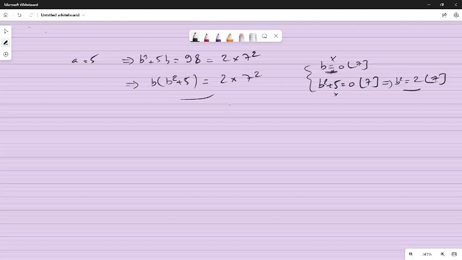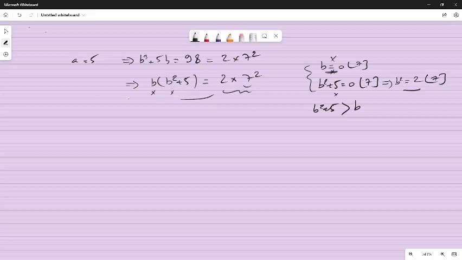So we must have only one term which is divisible by 7. Then it must be divisible by 7 squared because the right-hand side has a factor 7 squared. And because b squared plus 5 is greater than b, we must have 7 squared divides b squared plus 5.